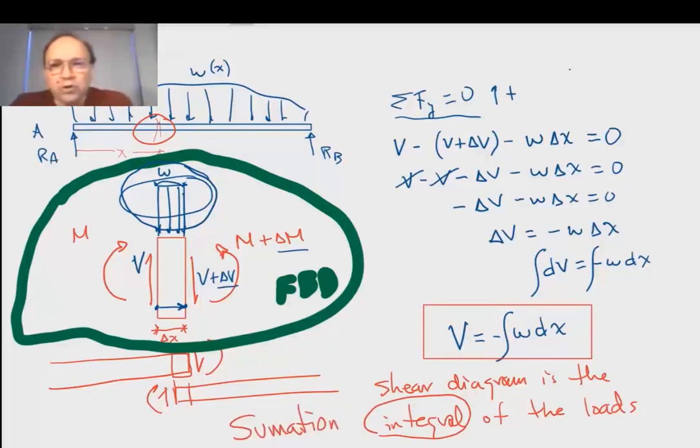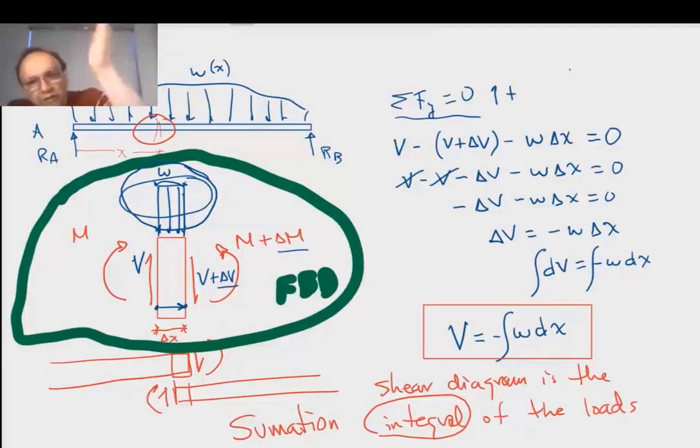So all you are doing when you are doing a shear diagram is doing a summation of all the loads. So you start to sweep your beam from left to right, and as you are moving from left to right, you are making the summation of all the loads that you are finding on your way. As soon as you find a load, you add it, and then you find another load, you add it, and you make a summation of it.